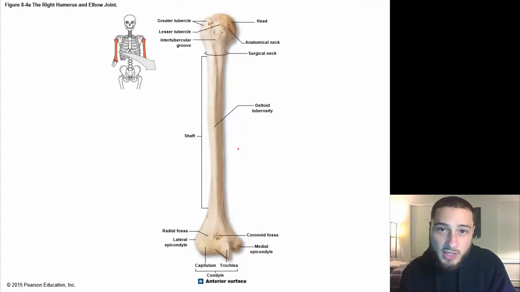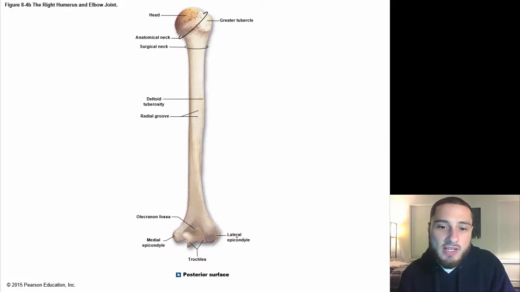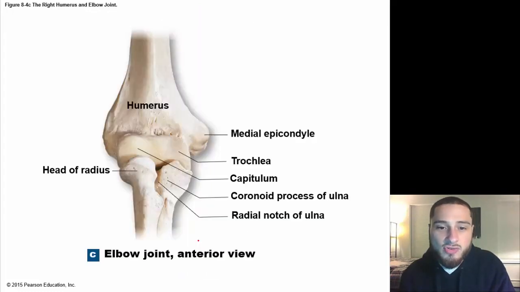So here you see the head. This head is going to lock into that pectoral girdle, and down here you have your elbow region, where the trochlea is going to lock into the ulna and the radius. You have the radius and the ulna having their own portions that help to lock into the trochlea.